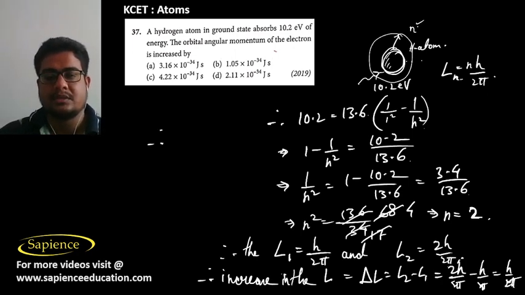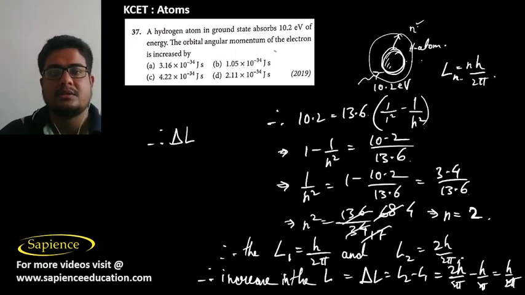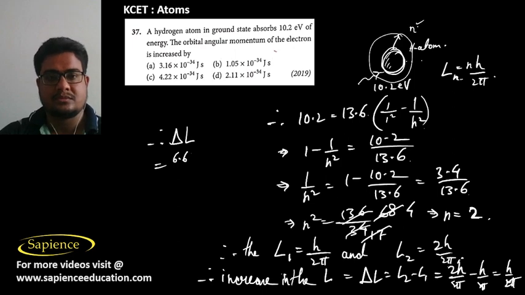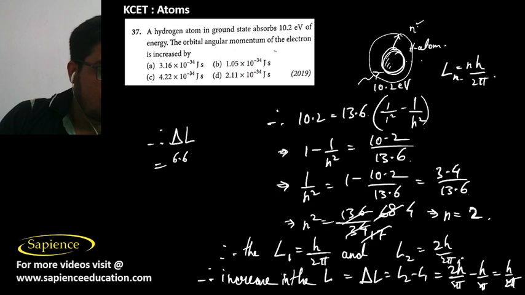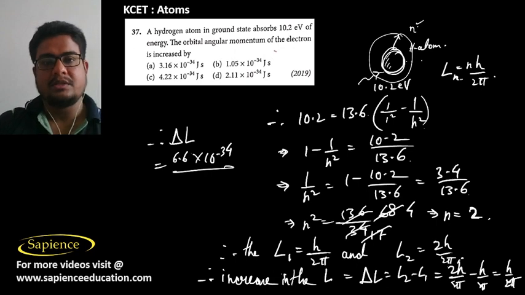Therefore the increase in the angular momentum, delta L, will be equal to h by 2 pi, that is equal to 6.6 into 10 power minus 34 joule second divided by 2 pi.